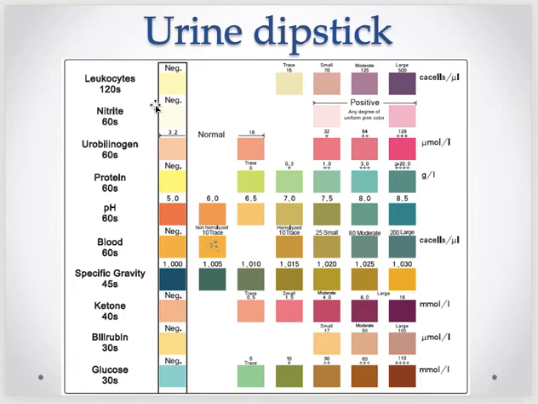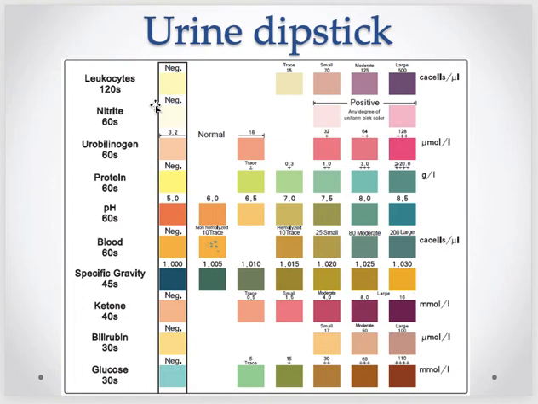This is called a midstream clean catch sample. For babies who cannot do this, we collect the urine either by suprapubic aspiration or by passing a temporary catheter. So this is for screening purposes.